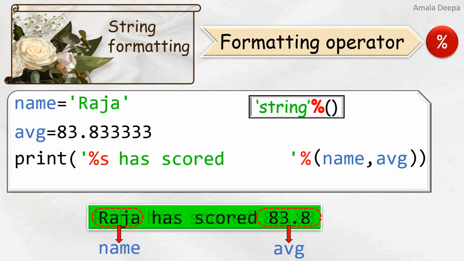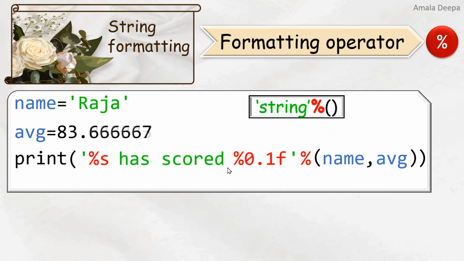What if I give %0.1f? You can see the output will be 83.8 because I want the output to have only 1 decimal place. I am mentioning it by giving %0.1f.